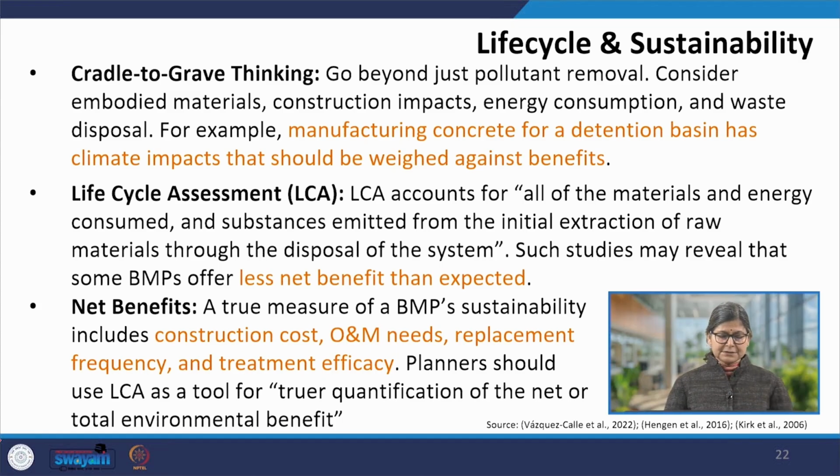Net benefits, what is it? A true measure of a BMP's sustainability, and this includes construction cost, operational and maintenance needs, replacement frequency, and treatment efficacy. Planners should use life cycle assessment as a tool for truer quantification of the net or total environmental benefit.